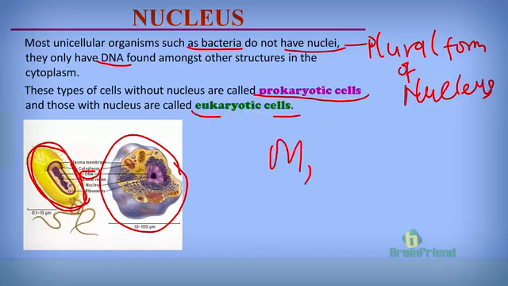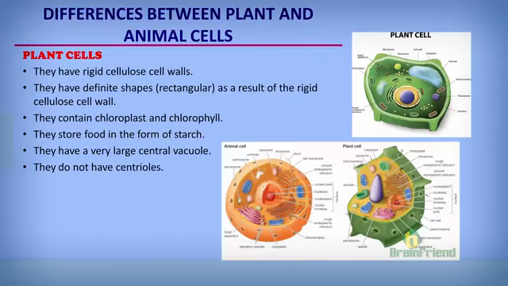We use M for the mitochondria. Some of them do not have Golgi apparatus. And they also do not have some other cell organelles that are bounded by membrane. So don't forget, take note of the prokaryotic cells and the eukaryotic cells.